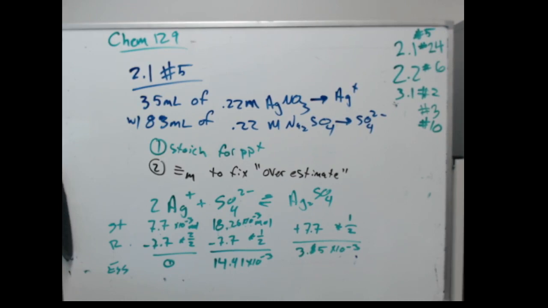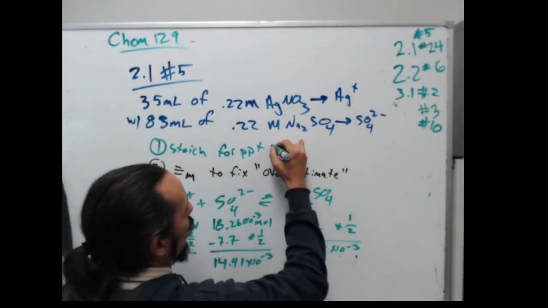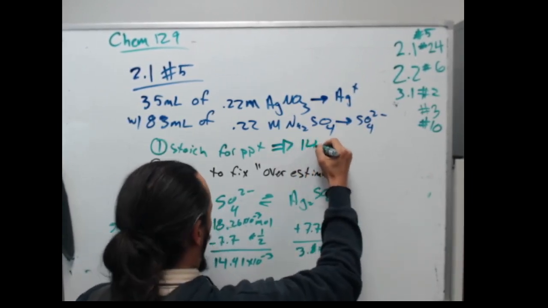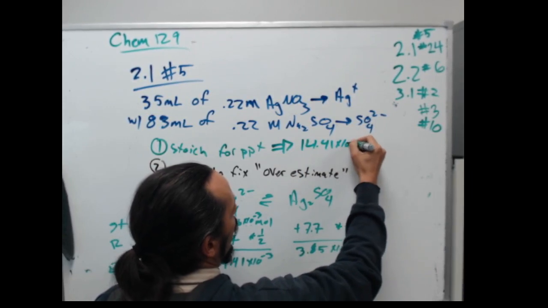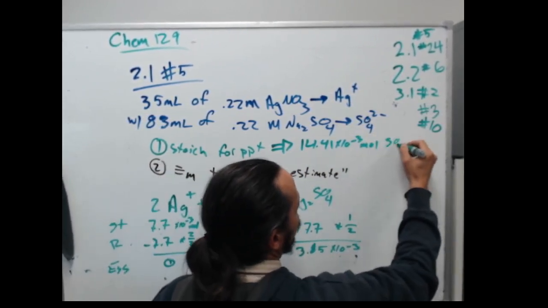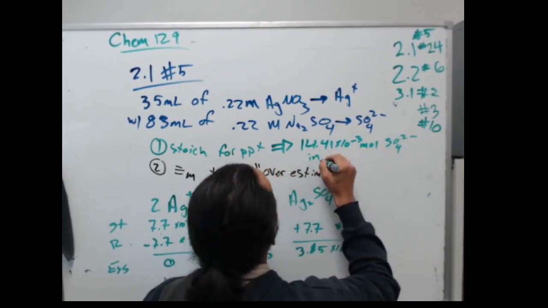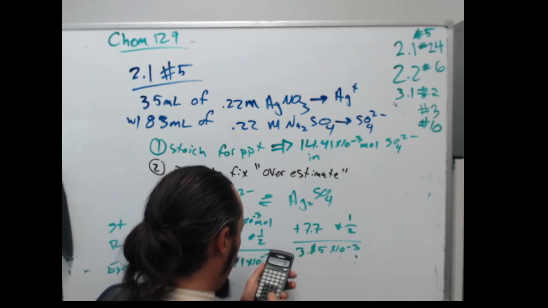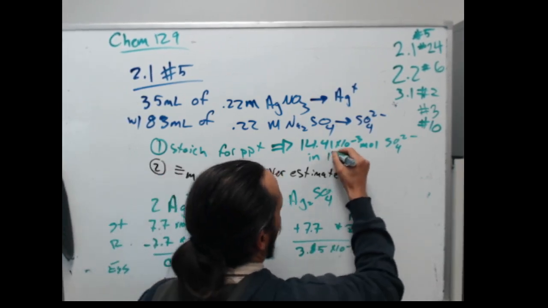Okay, so that gets us our stoichiometry. I'm going to go ahead and write the important numbers up here, and I'll erase things. We're going to have 14.41 times 10 to the minus 3 moles of SO4 2 minus. In how much is this total? 83.35 plus 83, in 118 milliliters.